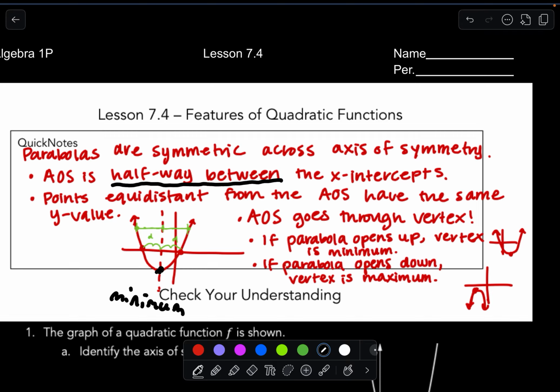And if it's a sad graph, if it opens down, the vertex is a maximum. So to understand if the vertex is a minimum or a maximum, all you have to know is if the graph opens up, if it's an Elmo graph, it's going to be a minimum because it's a smiley face. Or if it's a sad, depressed emo graph, then the vertex will be a maximum.